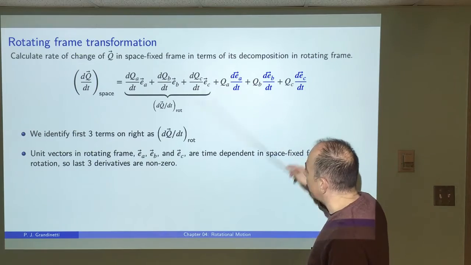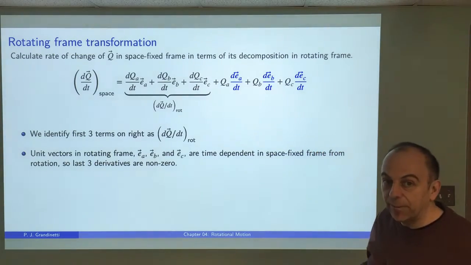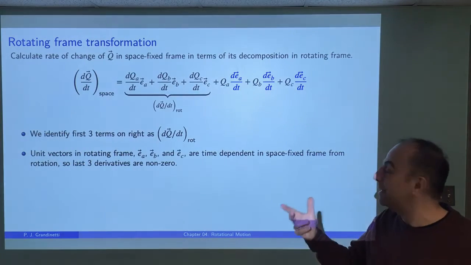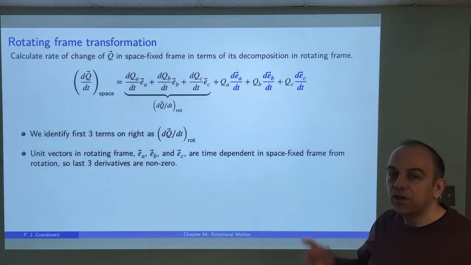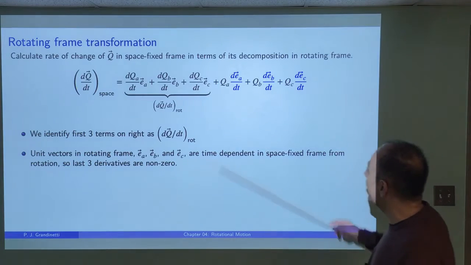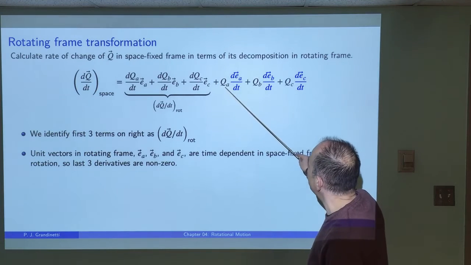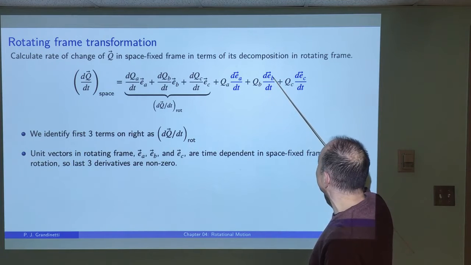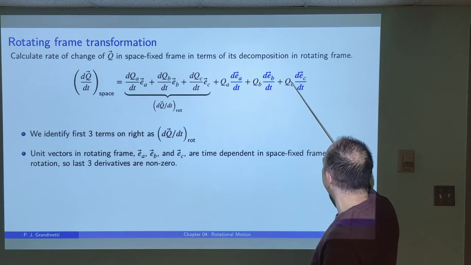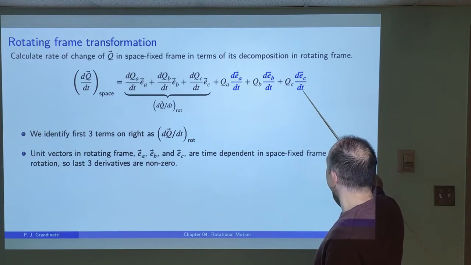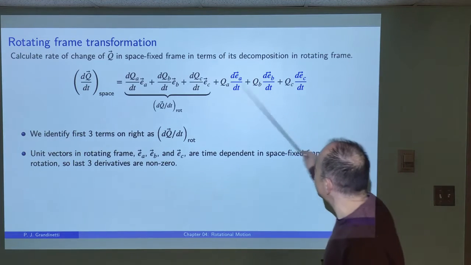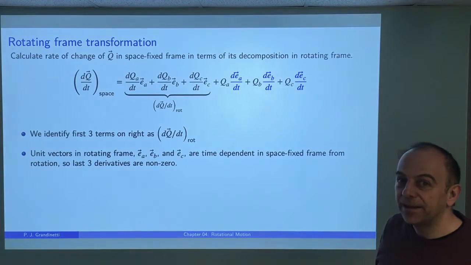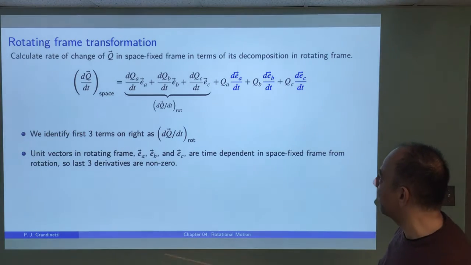But now, because this is in the space-fixed frame, remember that the unit vectors e_a, e_b, and e_c will appear time-dependent. So that means we have to include q_a times de_a/dt, q_b times de_b/dt, and then q_c times de_c/dt. This time dependence of unit vectors is important when we're viewing the body-fixed frame from the space-fixed frame.